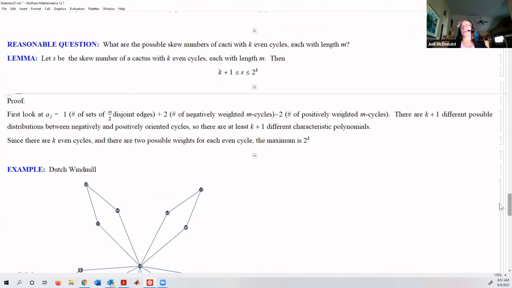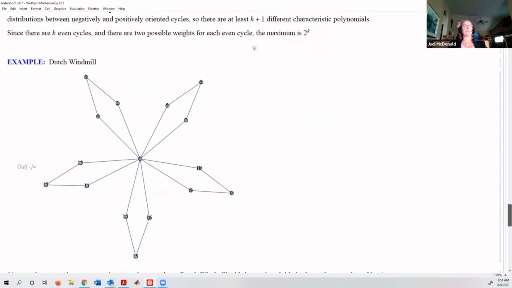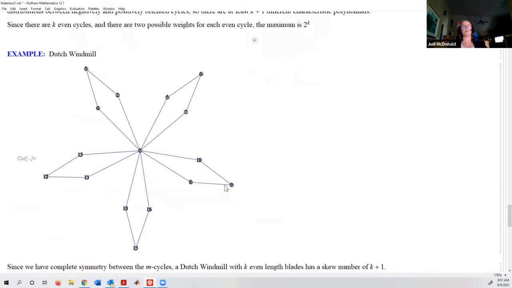So Dutch windmills turned out to be very, very useful in this problem. If you look at my Dutch windmill, it's got complete symmetry between all the cycles. So it doesn't matter if I make the first cycle negative and the other 4 positively oriented. That's going to be the same thing as if I made the second cycle negative and the other 4 positively oriented.